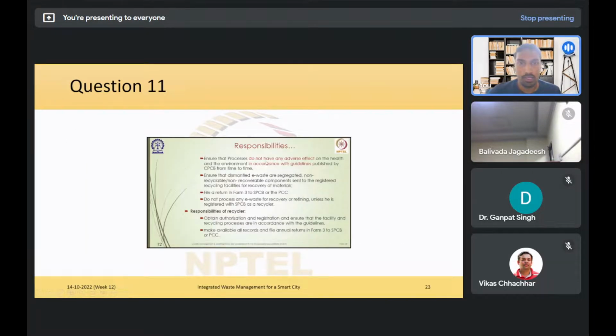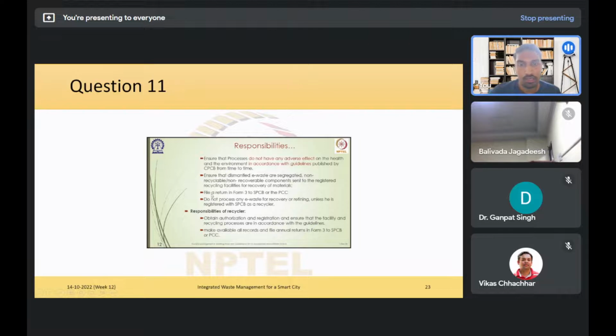Okay, so we already saw this in other questions as well. They have to ensure that the processes they carry out do not adversely affect health and the environment, and they have to dismantle and segregate these and then send them to the registered facilities.